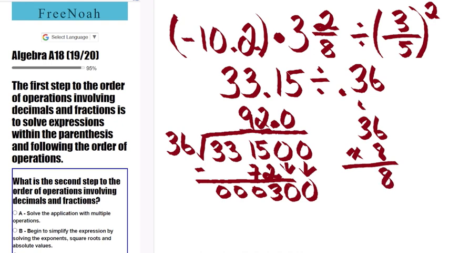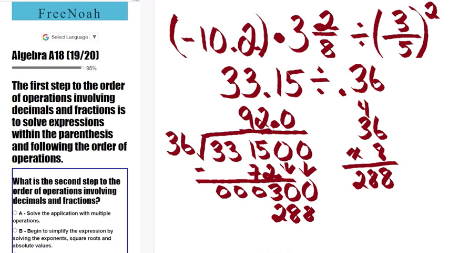6 times 8 gives us 48. 3 times 8 is 24, plus 4, excuse me, gives us 28. And we move on and subtract 288 from 300.